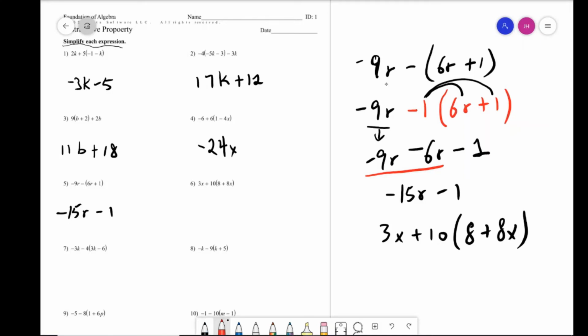Distributions: 10 times 8 and then 10 times 8x. So the first distribution is plus 80. The second distribution is a plus 80x. Always remember to pull down whatever you did not distribute, which is the 3x in the beginning. Now I am combining the 3x and the 80x. So that will become 83x plus 80.